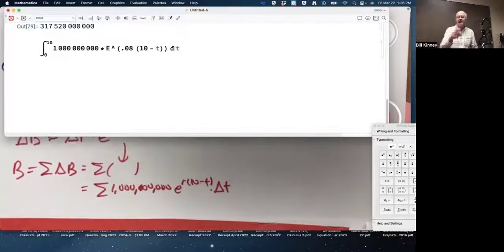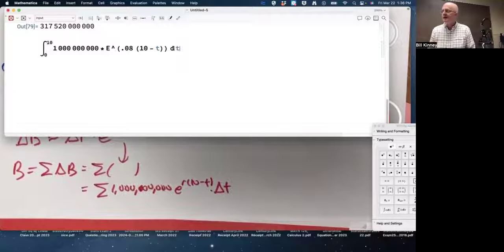You do have to do 10 minus t there, not t. Which means if you're going to do that integral by hand, it's a little tricky. You'd still need a 10 minus t up there. If you want to be careful, you could do a substitution, w equals 10 minus t. But then dw would be negative dt. It'd be a little tricky.